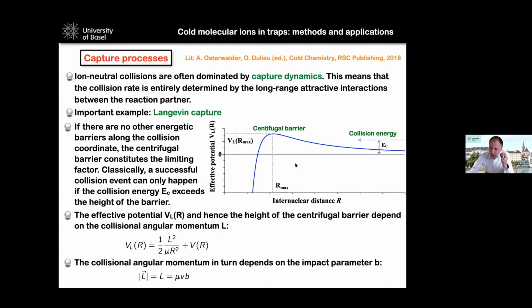So for a collision to be successful, meaning that the two particles can come close to one another, they have to surmount the centrifugal barrier. This means that the collision energy with which the two particles come in needs to be high enough so that they can surmount the centrifugal barrier and come to close interparticle distances, where the collision really happens.